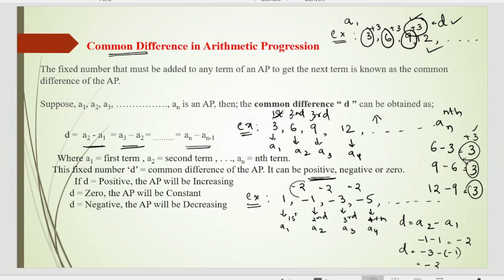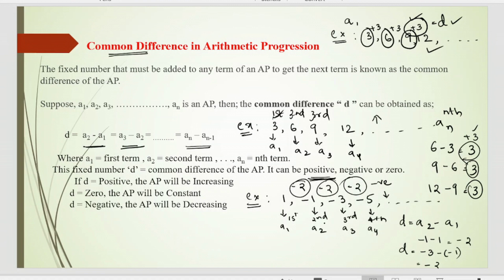We can see that the common difference is same, so it is an AP. Which kind of common difference is this? It is a negative common difference. If it is a negative common difference, the AP is a decreasing AP.